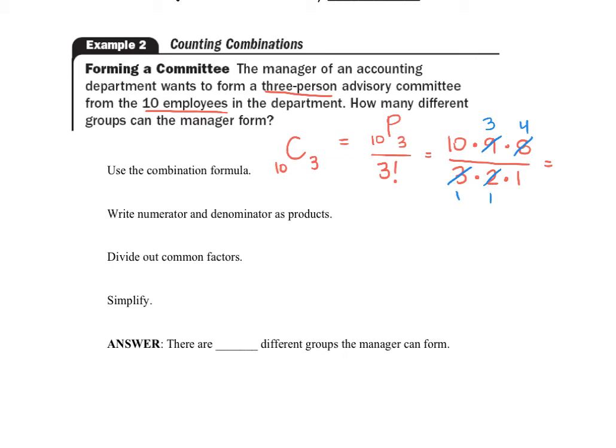So notice along the bottom here now I have 1, which is nice because I really then just have to focus on the numerator, which is 10 times 3 times 4, and that's going to be 120. So the correct answer is there are 120 different groups that the manager could form. All you have to write is 120 different groups. Let's try another one.